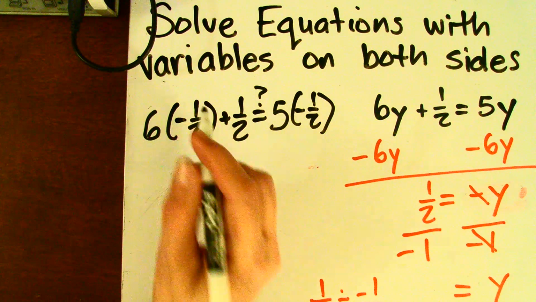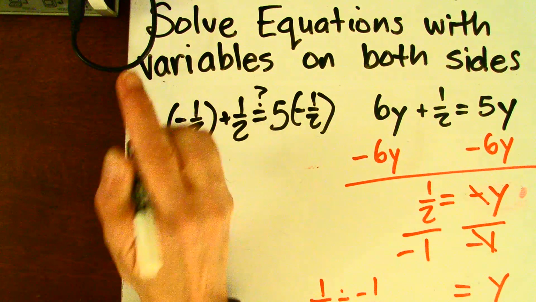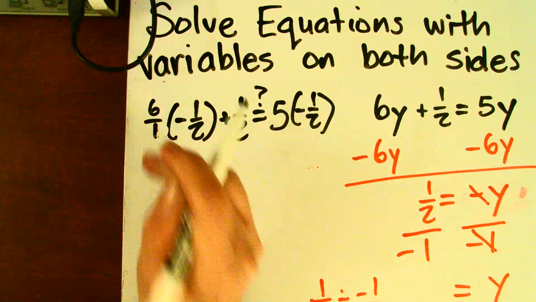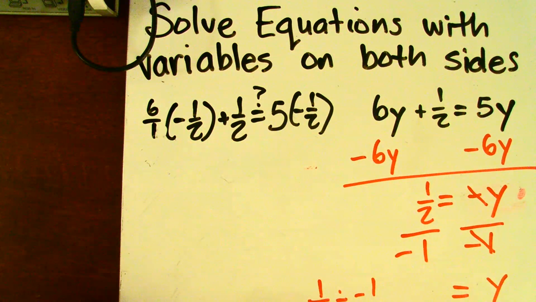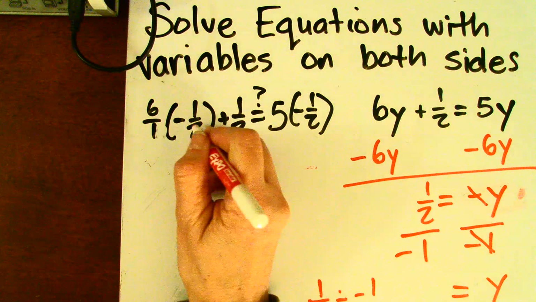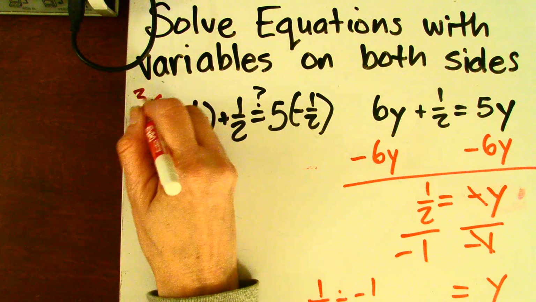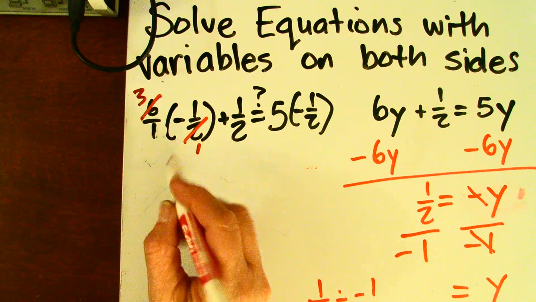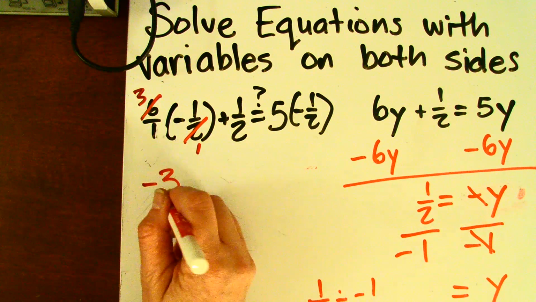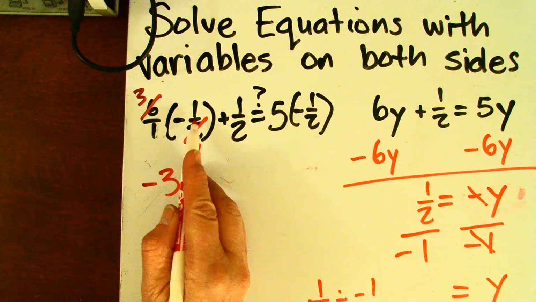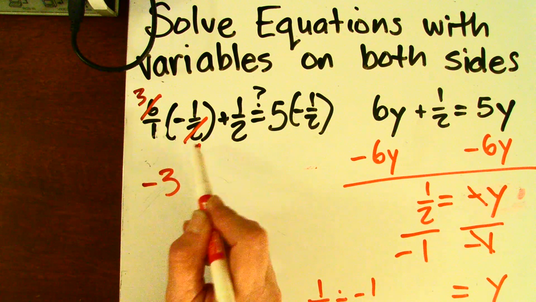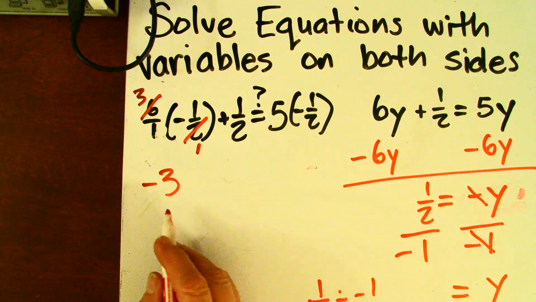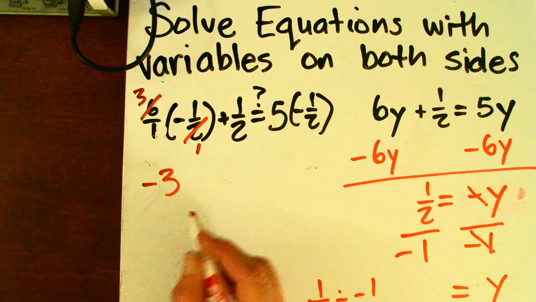I'm going to put a 1 under this 6 to make it a fraction, and then I'm going to reduce. 2 will go into 6 3 times. And I'm left with a negative 3. 3 times the negative 1 is negative 3. 1 times 1 is 1. And so negative 3 over 1 is a negative 3.